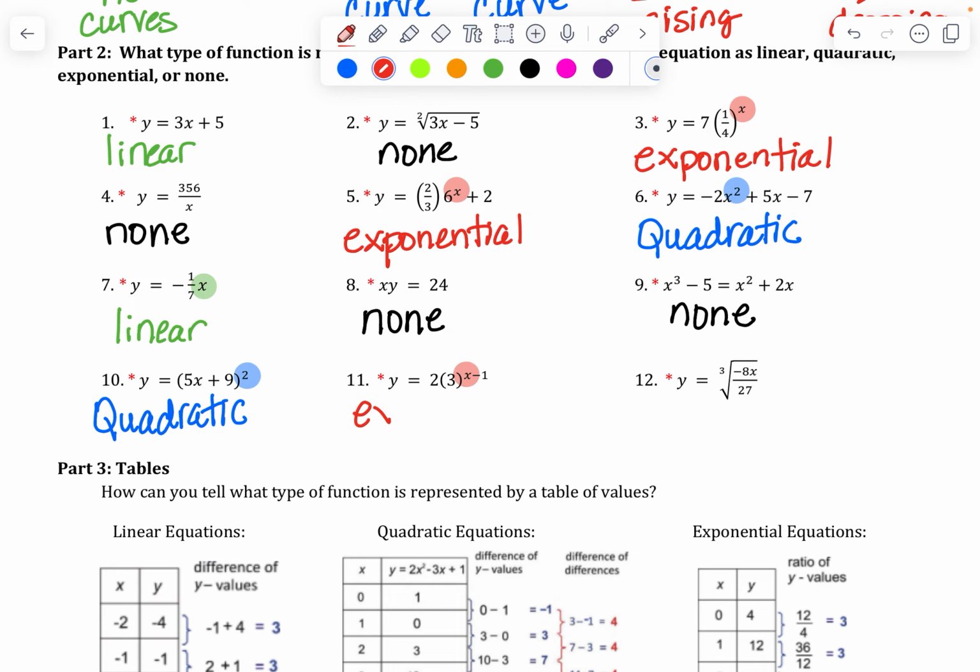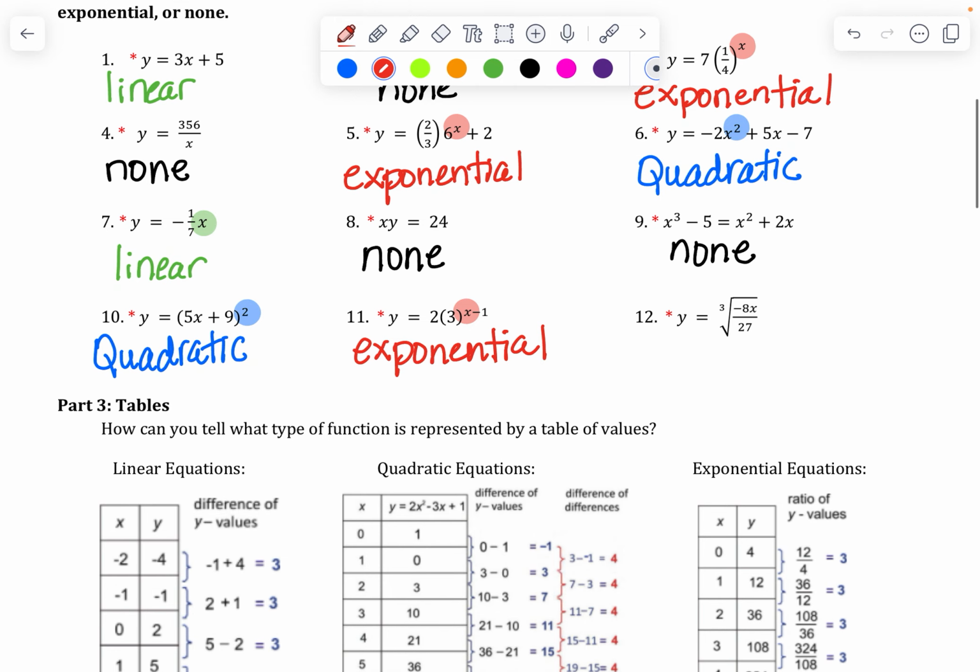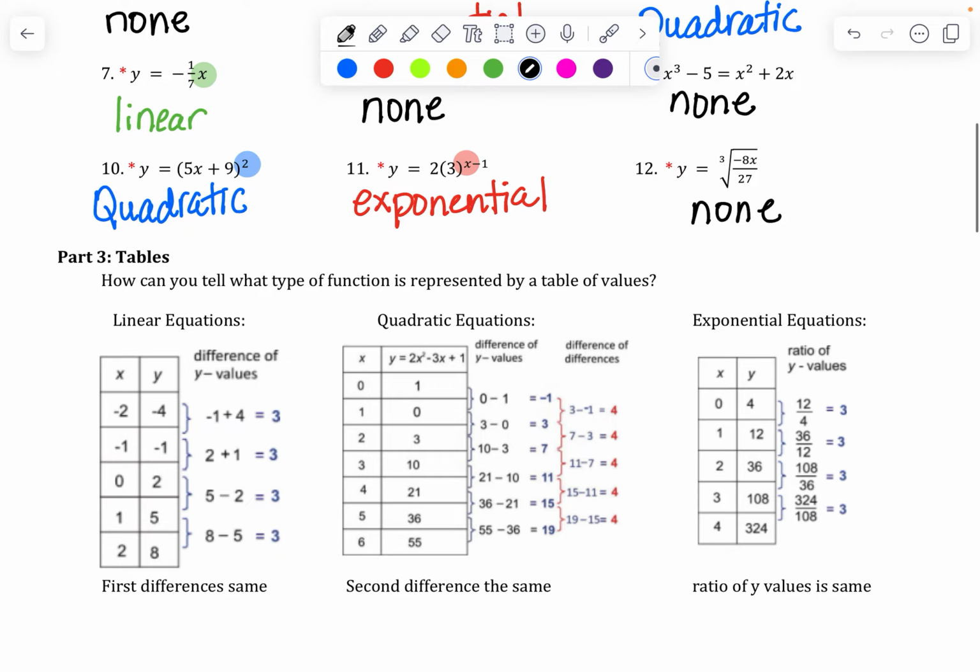This next one is quadratic, and it's kind of messy looking at first. So what they did is they still took the difference. They said 0 minus 1, and then they got a -1. And then they took this 3 minus 0 and got a 3. Now you can see it's not linear because these numbers that I have in green are not the same.